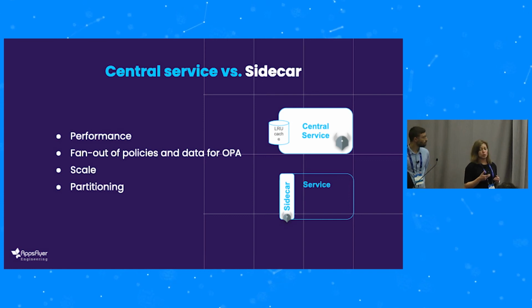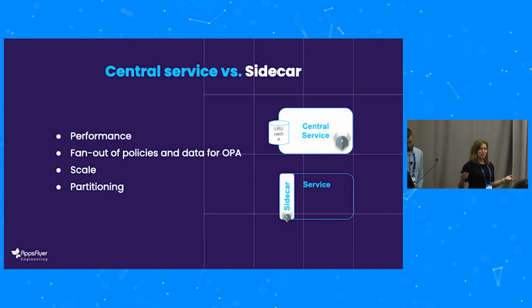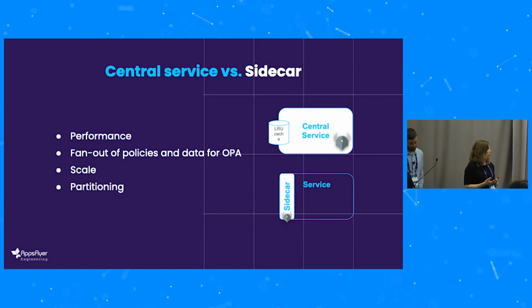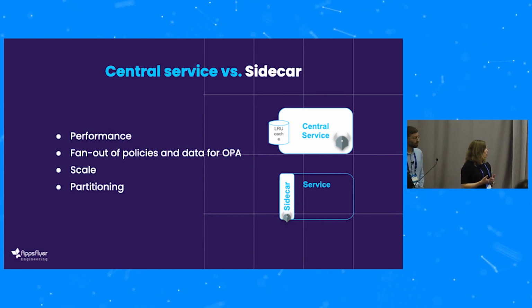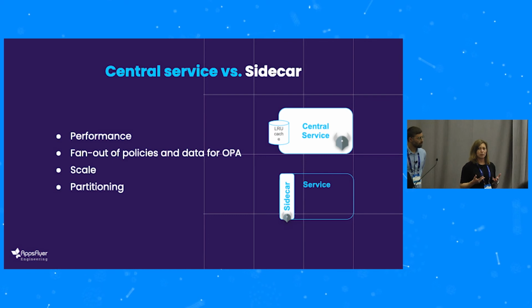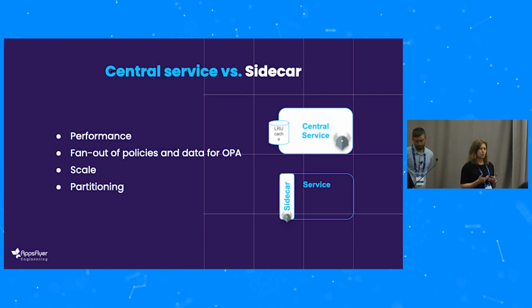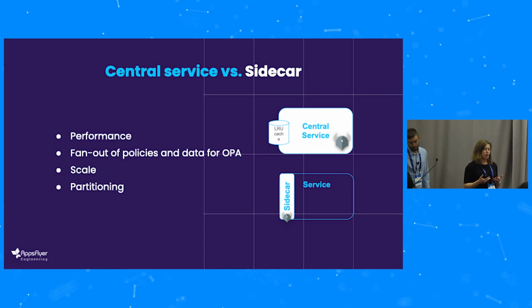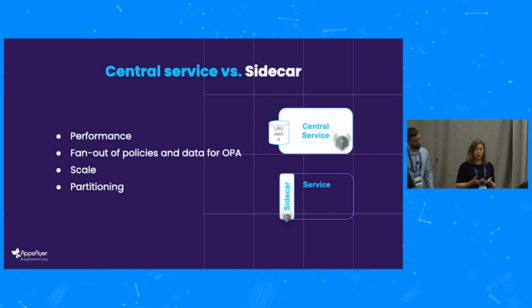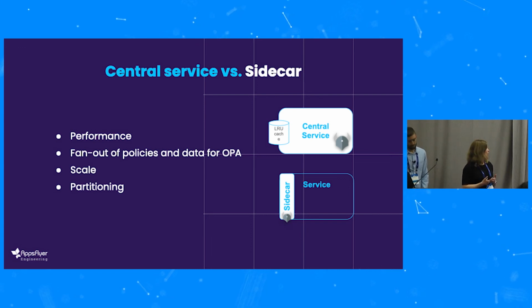On the other hand, if you use a sidecar, it's distributed by definition, so you don't have scale issues. But if a certain service still needs to evaluate a lot of authorization rules, there can still be memory constraints, and partitioning the data for a sidecar would be more challenging than using a centralized service.